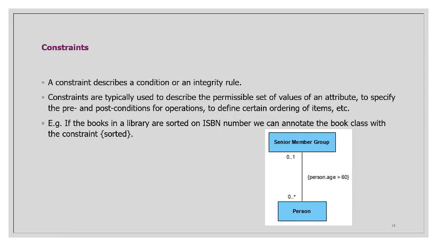So this is the constraint of this senior member group class, and the constraints are shown here by curly braces, and within the curly braces we should write whatever the logic or constraint it is. So precondition and post condition of the operations should be shown through these constraints.